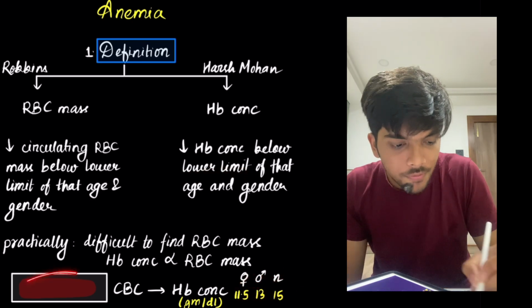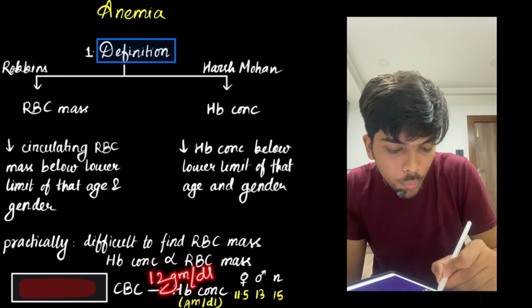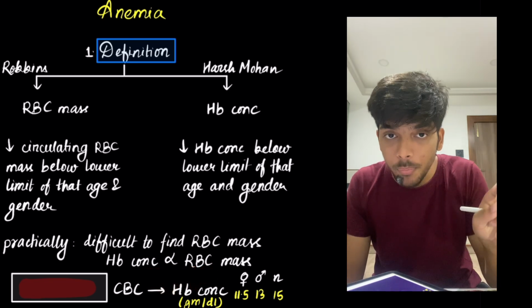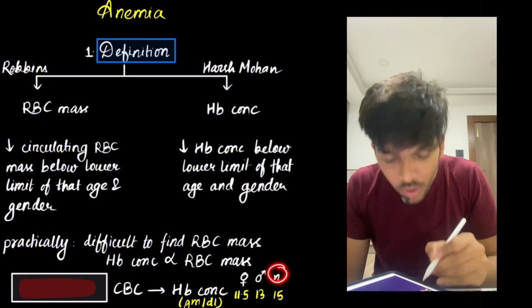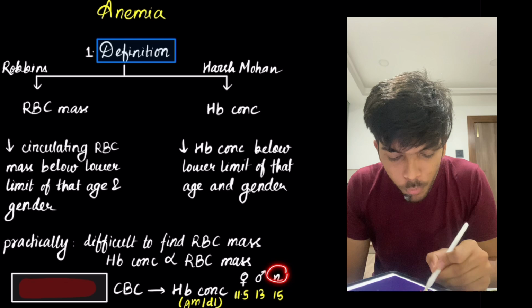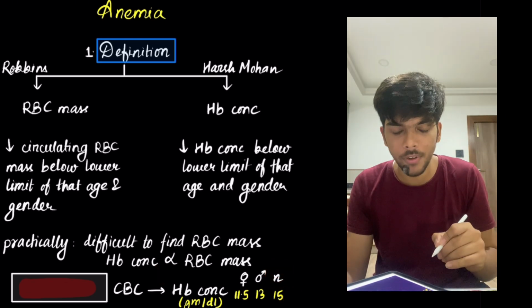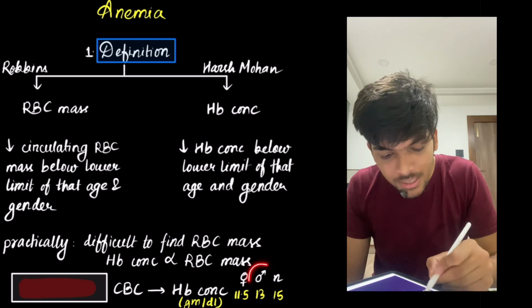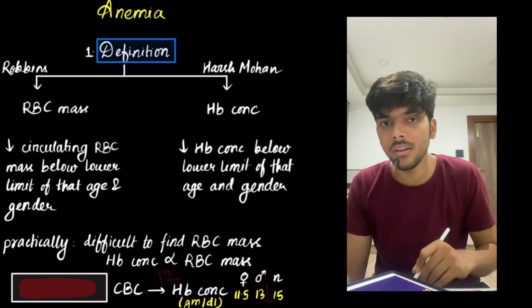So let's say this smear contains 12 grams per deciliter of hemoglobin. If the person I am diagnosing is a newborn, then the newborn baby is anemic because 12 is less than the lower limit of 15. If he is a male, he's still anemic because 12 is less than the lower limit of 13.